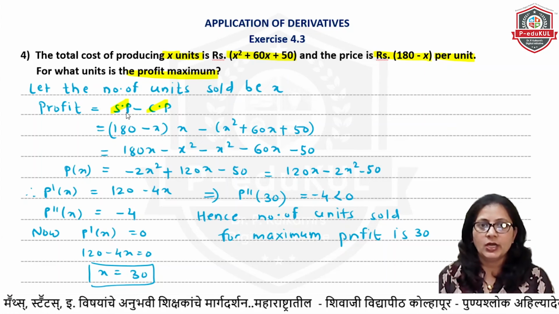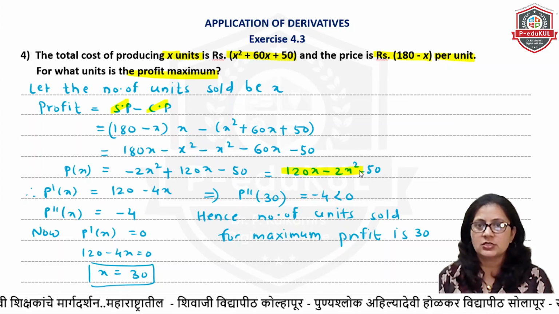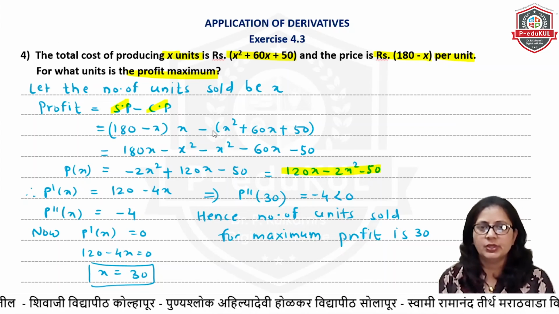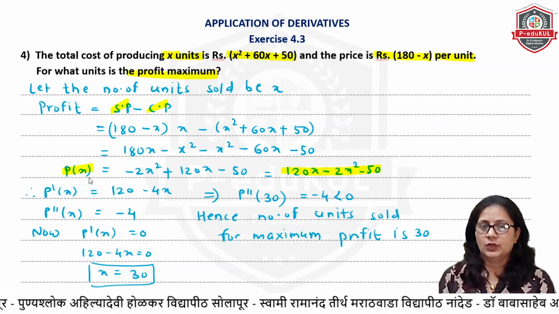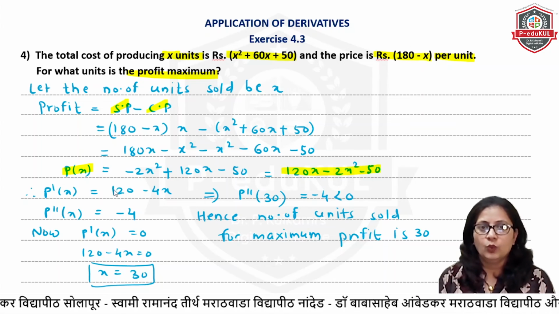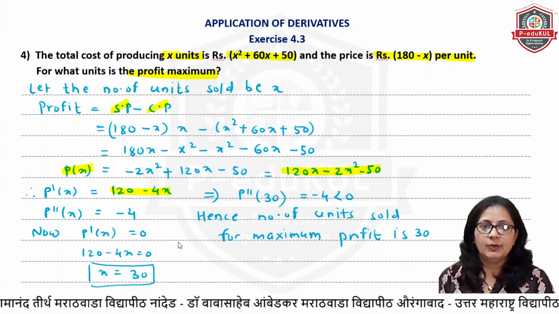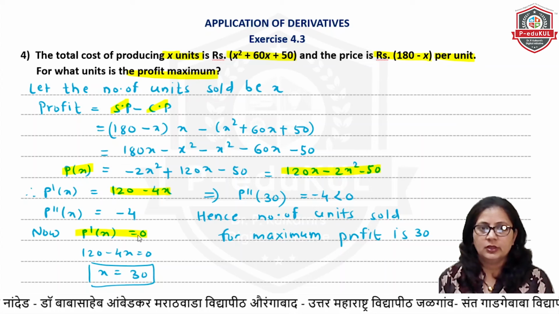So profit will be what? SP minus CP. From that you will get this equation, 120x minus 2x square minus 50. Just a simple calculation. Now this will be your profit function. This you have to differentiate with x, and that gives me 120 minus 4x. Now as per our derivative test, we will be equating this p dash x with 0. Then what we will get?